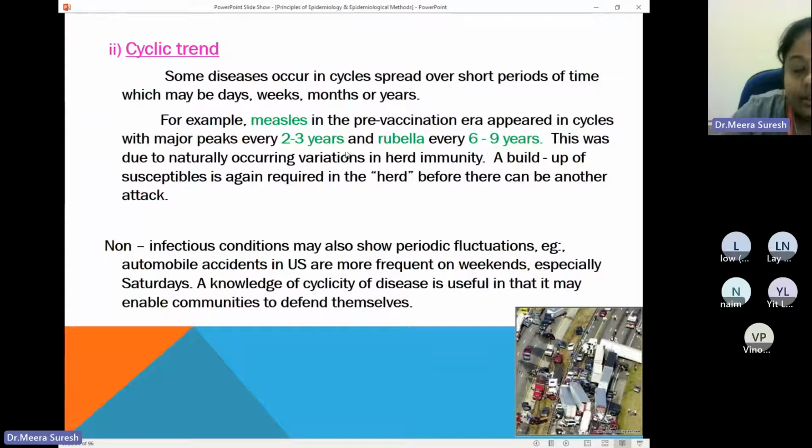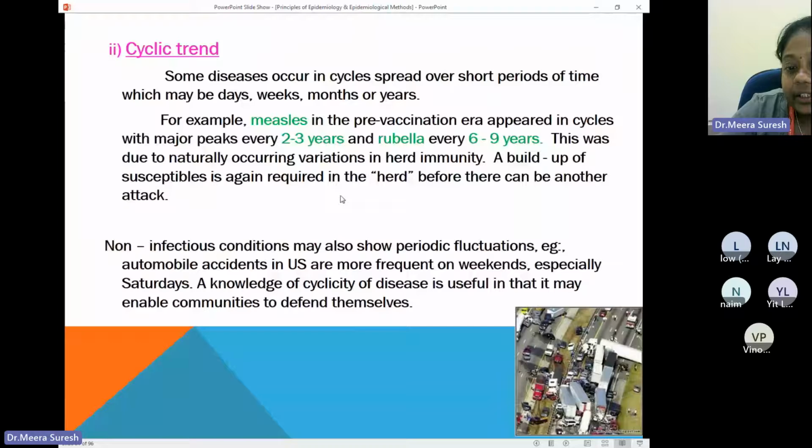This could be asked as an MCQ. And rubella, which is German measles, used to appear every 6 to 9 years. So every 2 to 3 years, epidemicity of measles or an increase of measles cases used to appear in the pre-vaccination time. And German measles used to appear every 6 to 9 years, like a cyclical condition.